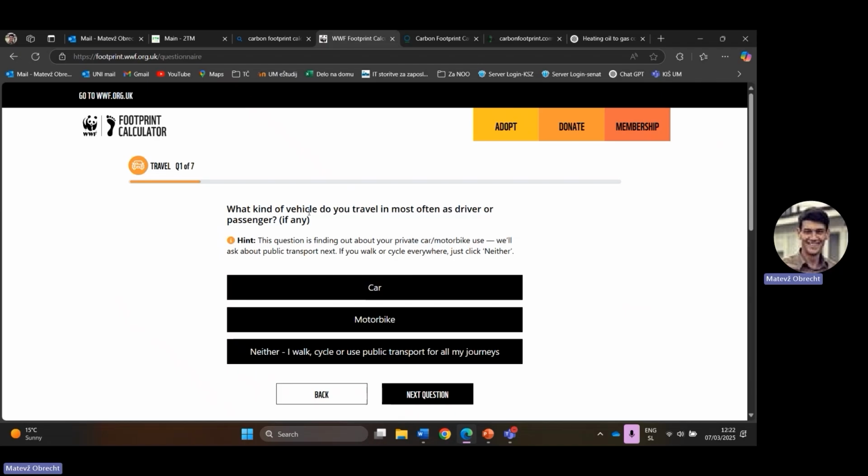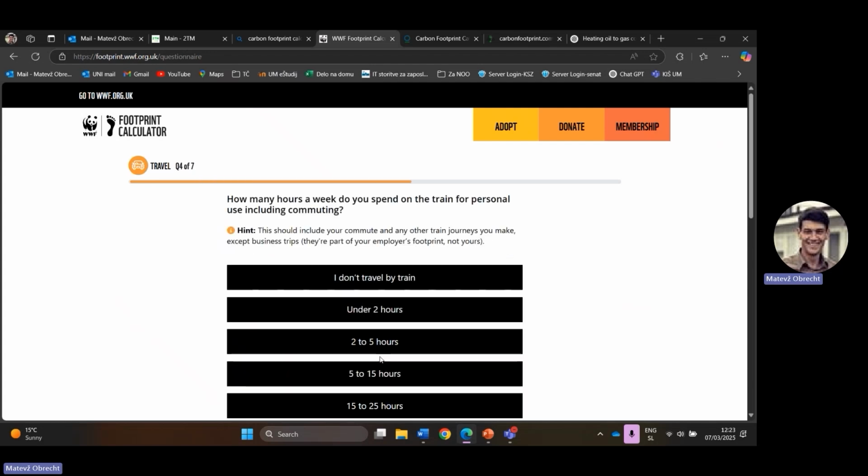Next is what kind of vehicle you travel in most often, as a driver, as a passenger, and so on. If you want to give more information on public transportation, you have it in the next question. So let's say that we use a lot of public transportation.